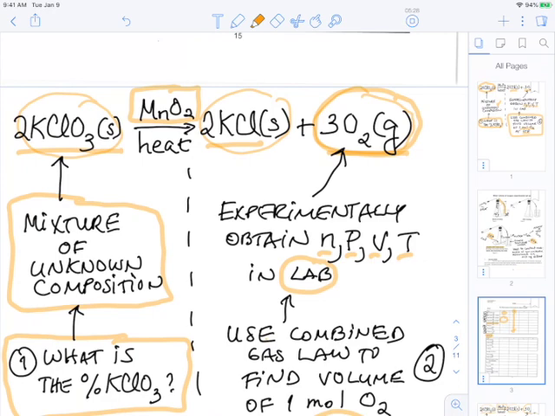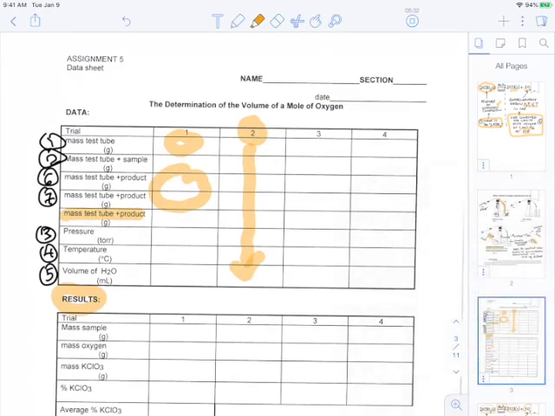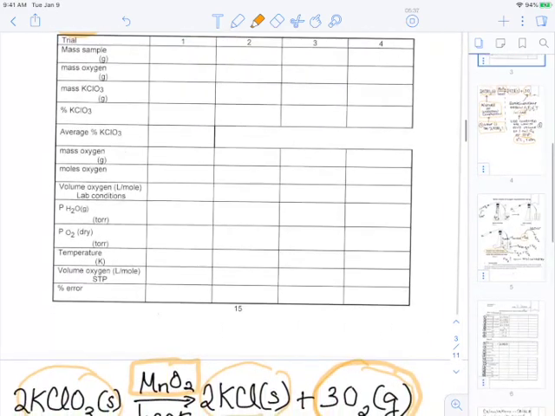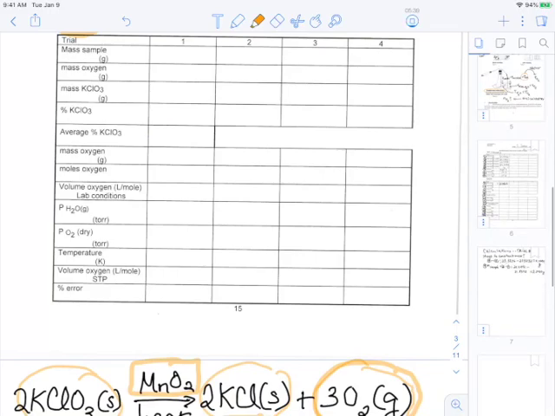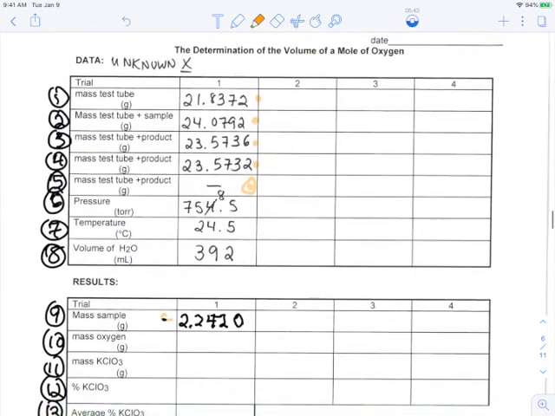So, coming back here to our data from Susan's, we can see that the difference between the mass of the test tube plus product and whatever mass you started with will give you the total mass of oxygen.